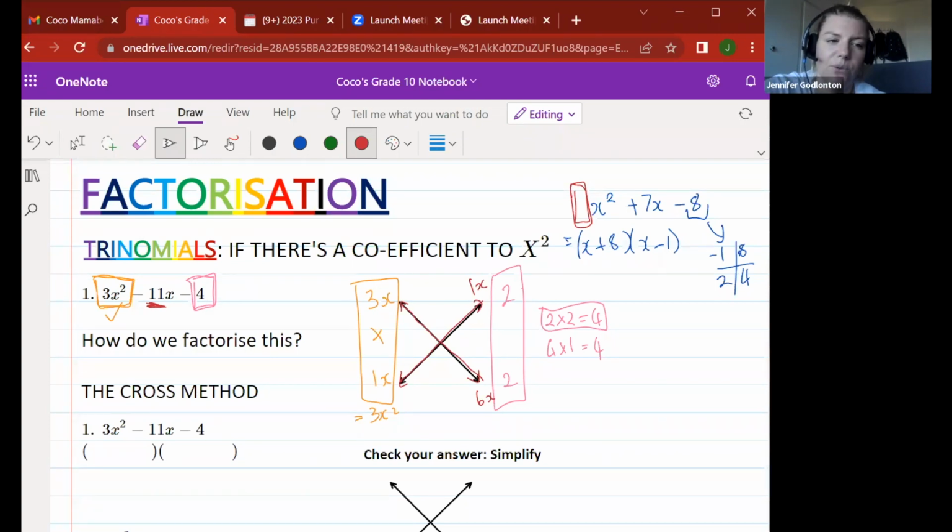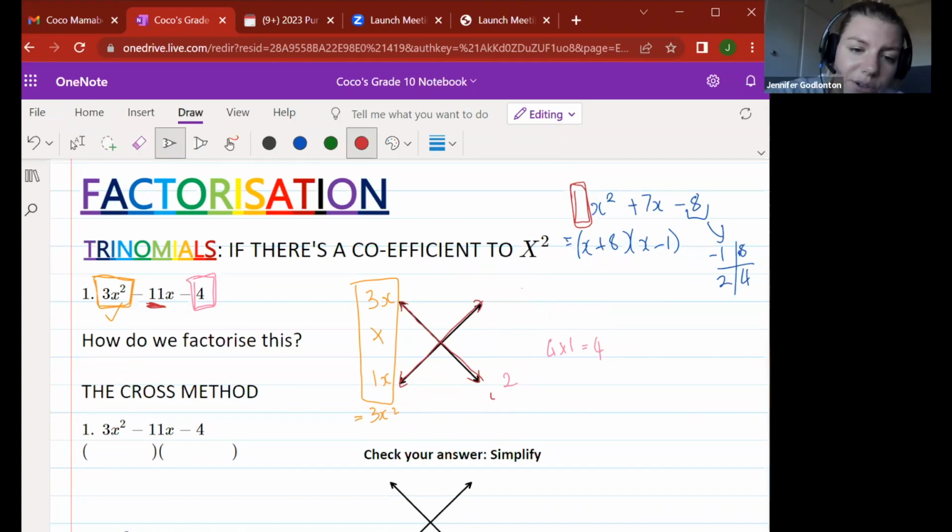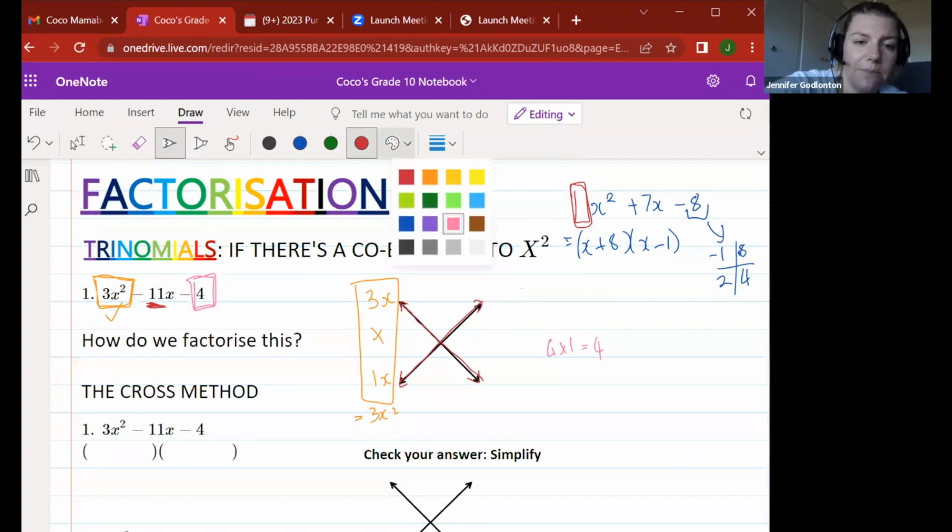No. Because it's not possible, this one doesn't work. So we don't care about that one anymore. The 2 and the 2 did not work for us. It was very rude. And so we're going to have to try the 4 and the 1.